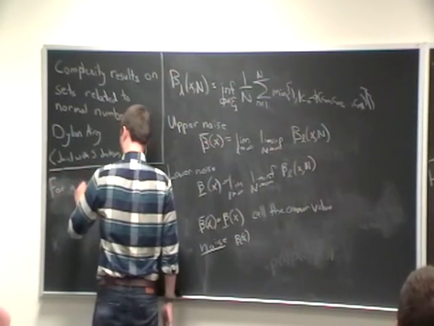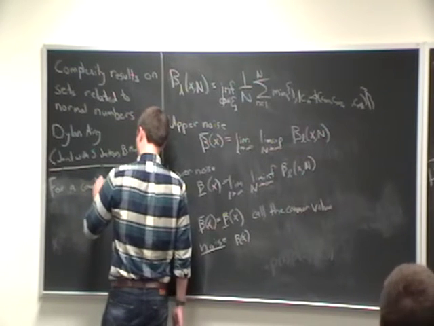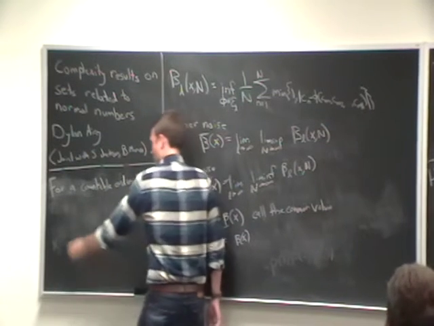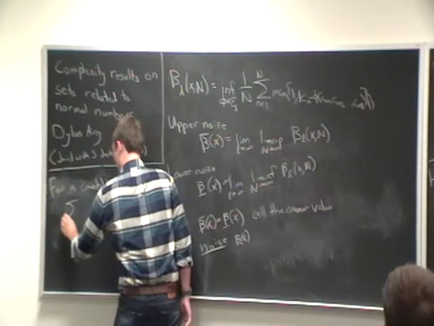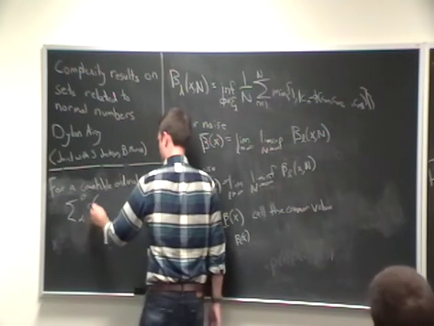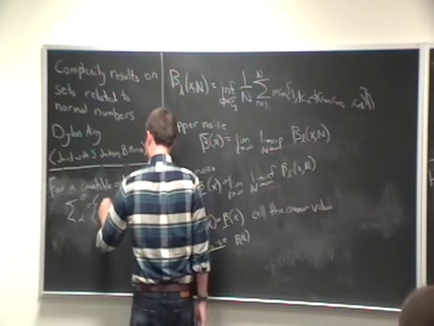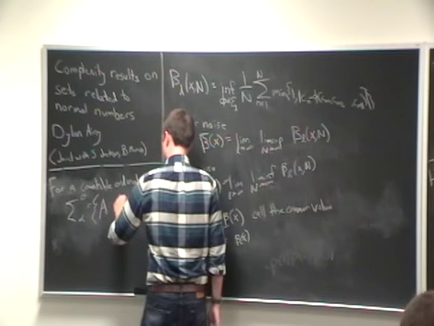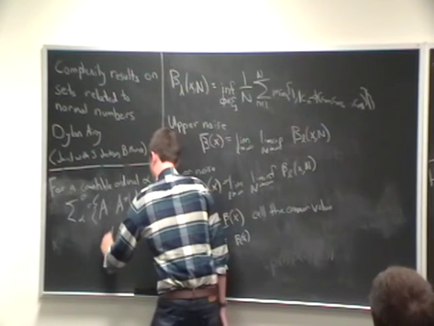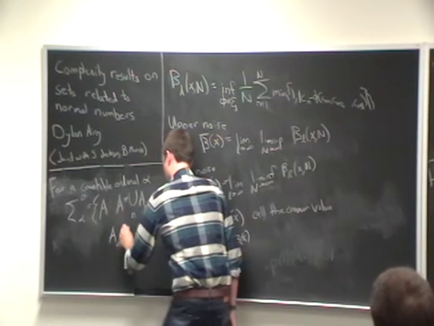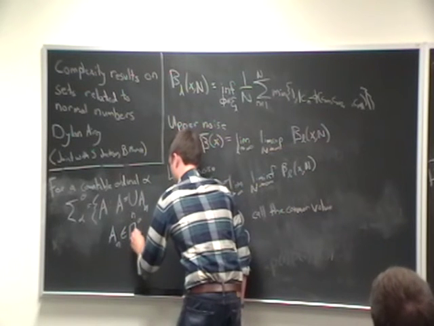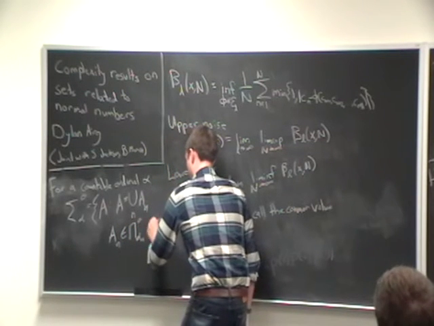for a countable ordinal alpha, we define sigma 0 alpha to be the set of all measurable sets A such that A is equal to a countable union of sets A_n, with A_n lying in some lower complexity class, pi 0 alpha_n, with alpha_n strictly less than alpha.